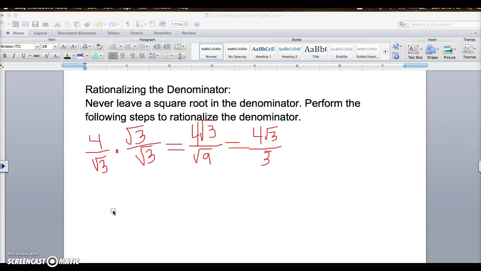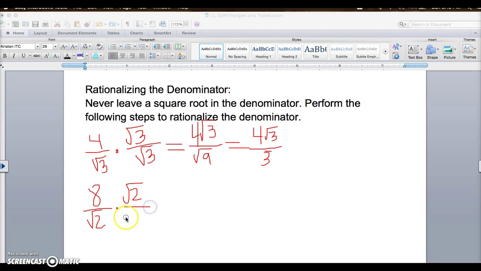Alright. If you end up with one like, let's say for instance you had 8 divided by the square root of 2, this would be something you might get on the 45, 45, 90.